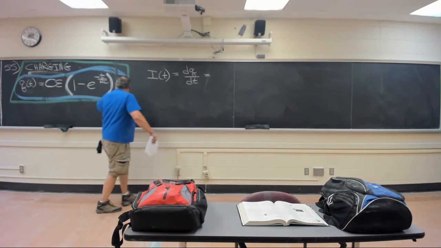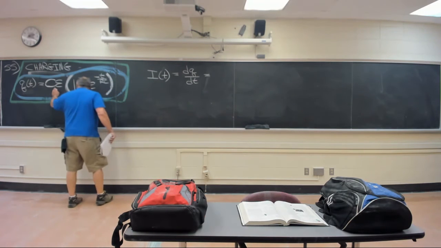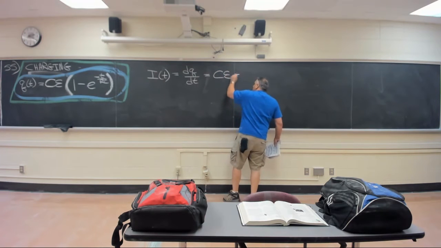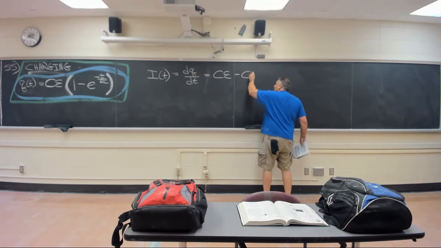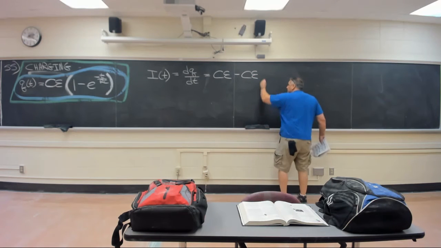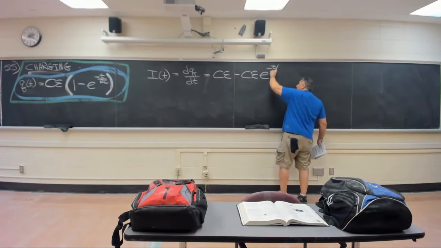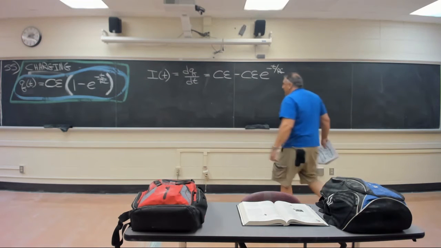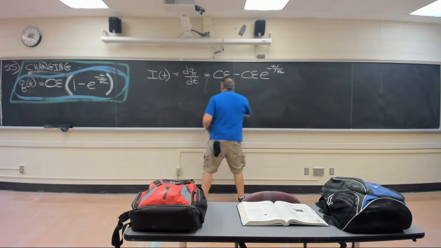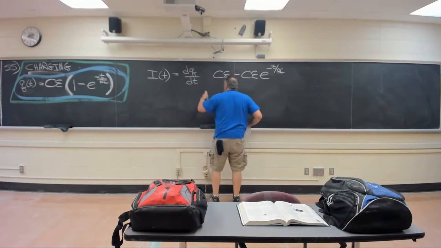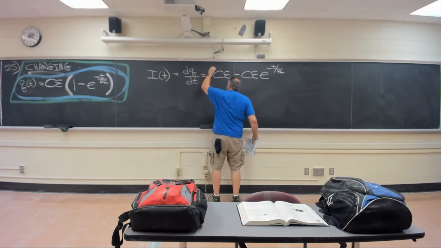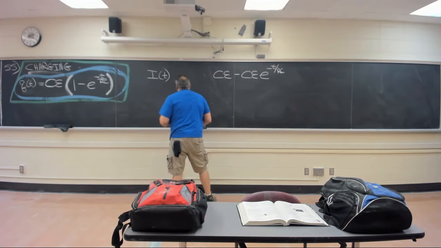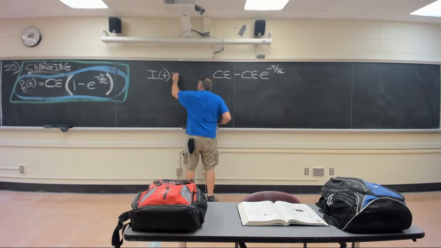Let's take the CE and multiply it throughout. That's Q. When you write as large as I do, you never have enough room.